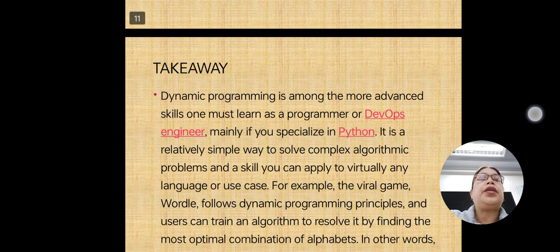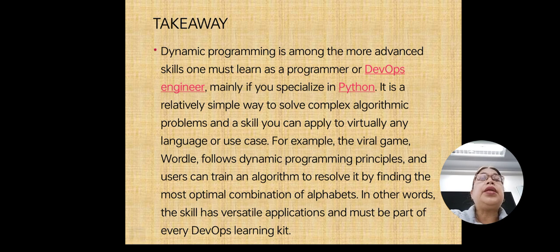Okay, the takeaway. Dynamic programming is among the more advanced skills one must learn as a programmer or DevOps engineer. Mainly, if you specialize in Python, it is a relatively simple way to solve complex algorithmic problems. You can apply it in virtually any language or use case.